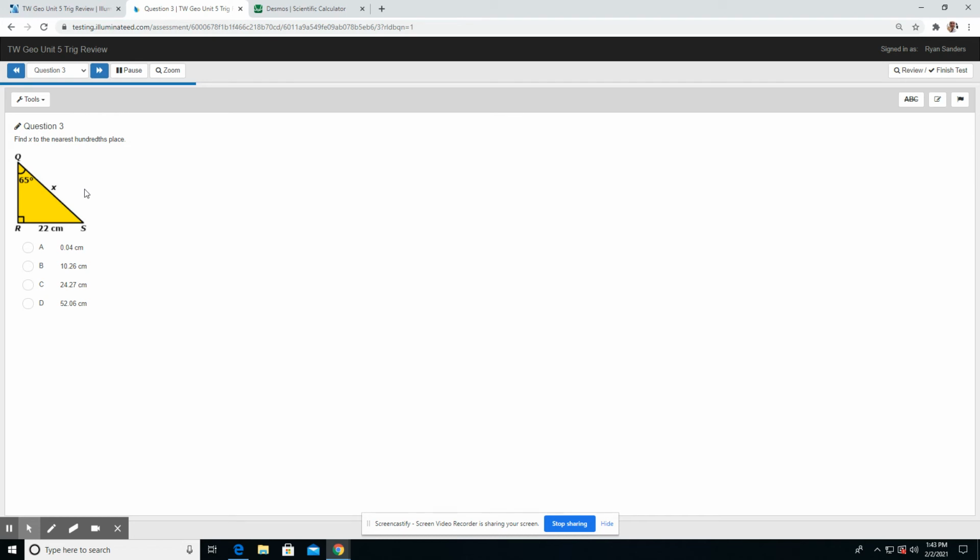Find x to the nearest hundredth place. Okay. So mark all the sides. This is our reference angle. This is the hypotenuse. This, across from the angle of reference, is the opposite side. So we're looking for hypotenuse and opposite. So SOHCAHTOA. Which one has opposite and hypotenuse in it?